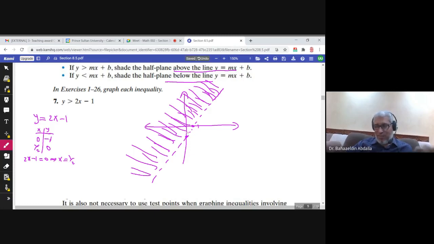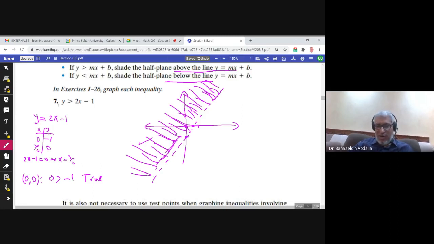If you want to check your answer, I'll choose this point 0, 0. 0, 0 does not belong to the line. So if I choose a test point 0, 0, I'll have 0 greater than 2 times 0 minus 1, which is minus 1. Is this true? Yeah, true. So the solution is the half plane that contains this point 0, 0. So our answer is correct.